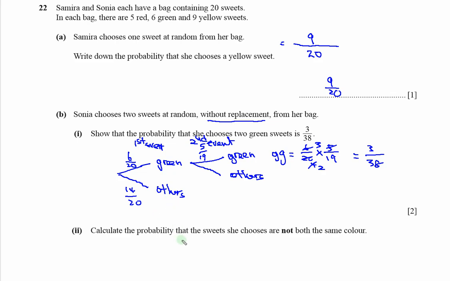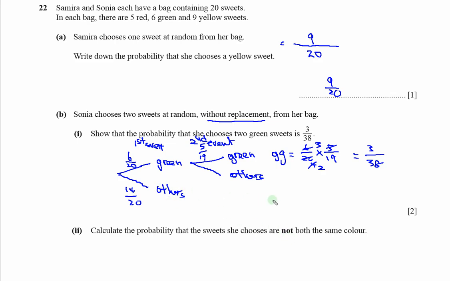Okay, but then you can also find the probability of 2 green, 2 yellow and 2 red, and then take 1 minus 2 green, 2 red and 2 yellow. Then whatever remaining probability will be the one where both colors are not the same.